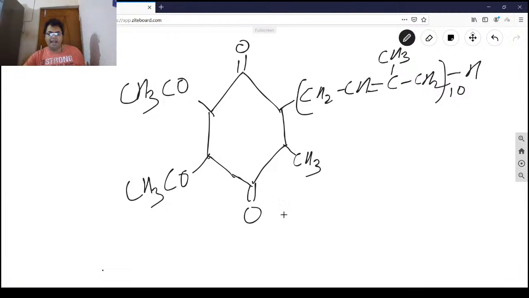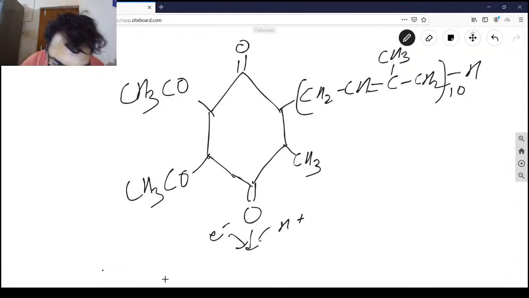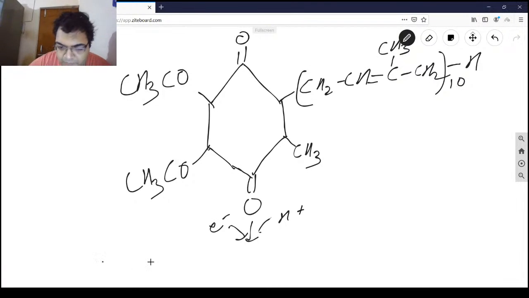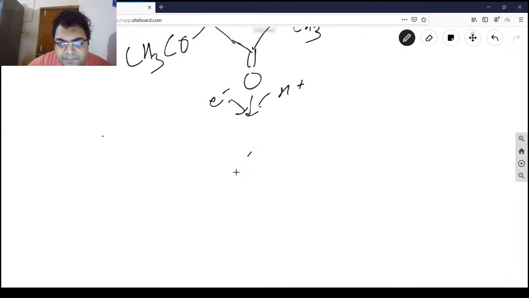Now if you add one H plus and one electron to this molecule, I can call the long chain the R group.